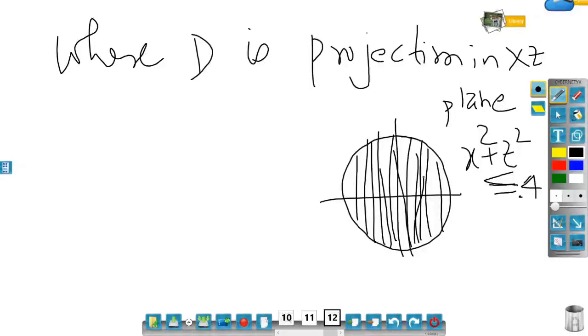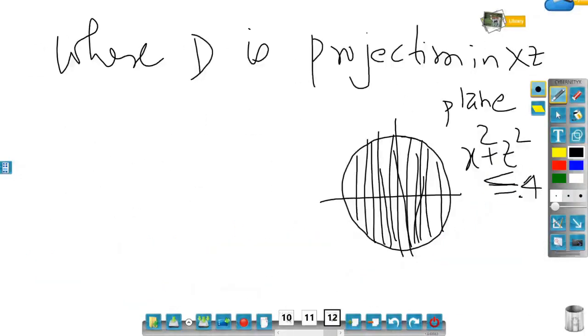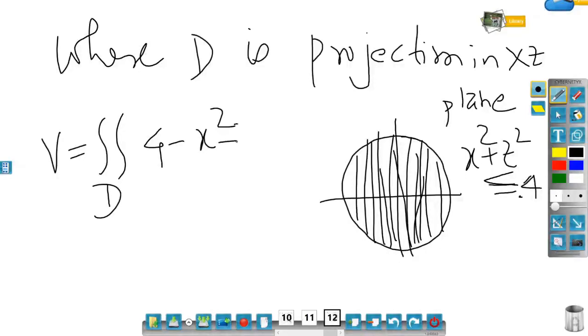So my answer of the previous question, V is equal to the double integral over D, that is 4 minus x square minus z square, dx dz.